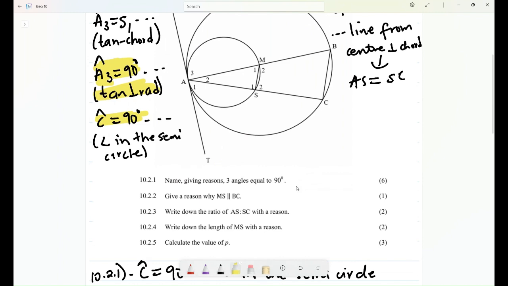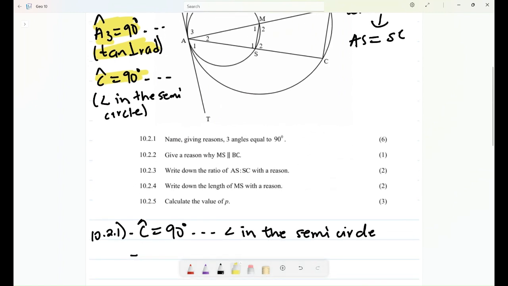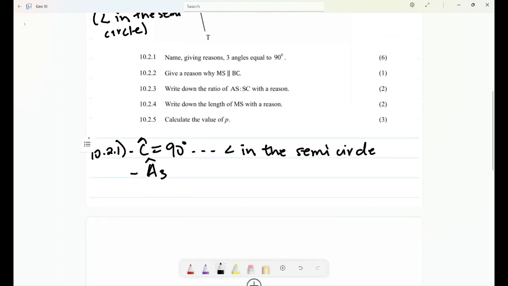We are told that angle A3 is equal to 90 degrees. Let me write this neatly. It is equal to 90 degrees. My reason is that tangent is perpendicular to chord.